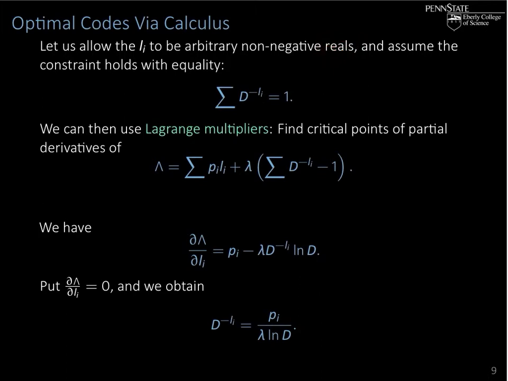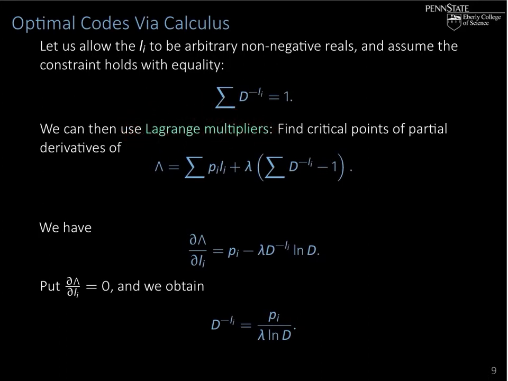And also assume that the constraint holds with equality, so that the sum of D to the minus Li is actually 1. And then we're in the situation of trying to minimize a multivariate function subject to a constraint. And for that, there exist techniques from calculus, namely the technique of Lagrange multipliers.